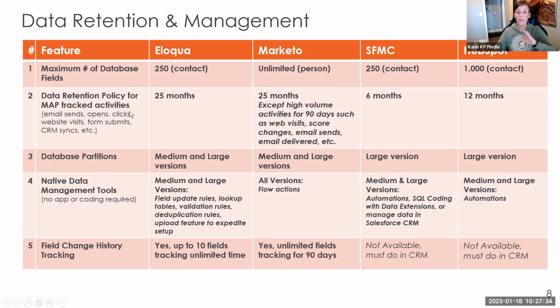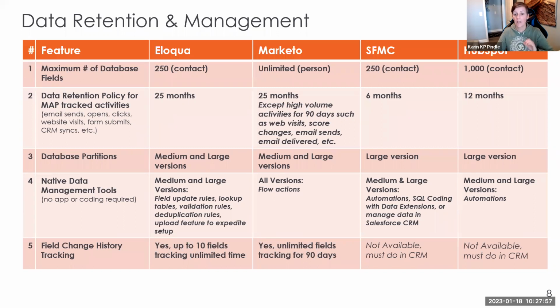So Eloqua keeps all activities 25 months. Marketo keeps most activities it tracks for 25 months, except for what they call high volume activities, which they store for 90 days, such as website visits. Whenever a score changes, that activity of the score changing is deleted out of Marketo after 90 days.